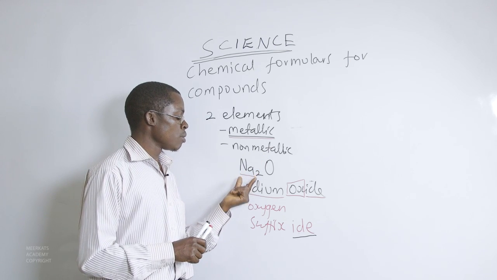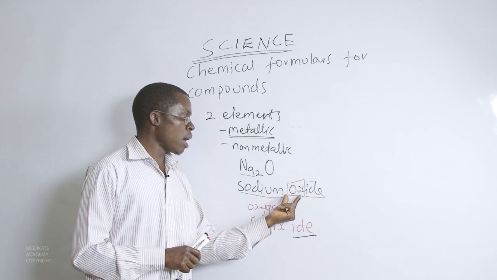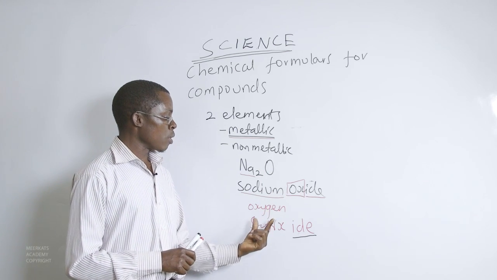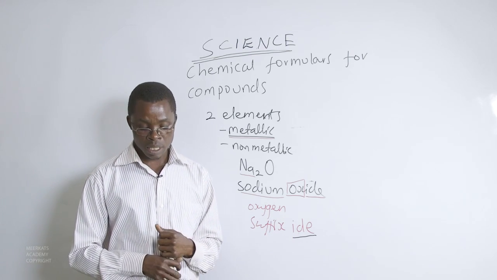The first element, sodium, carries a full name. The second element carries part of the name. Here we have ox. Then we complete the second name with a suffix IDE.